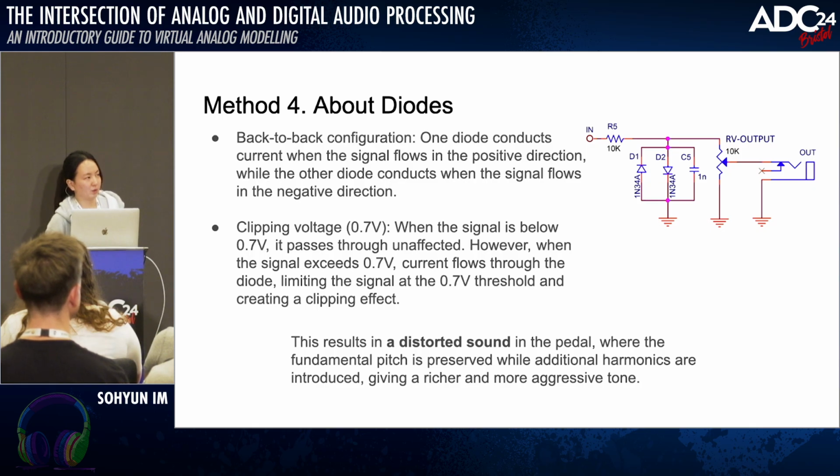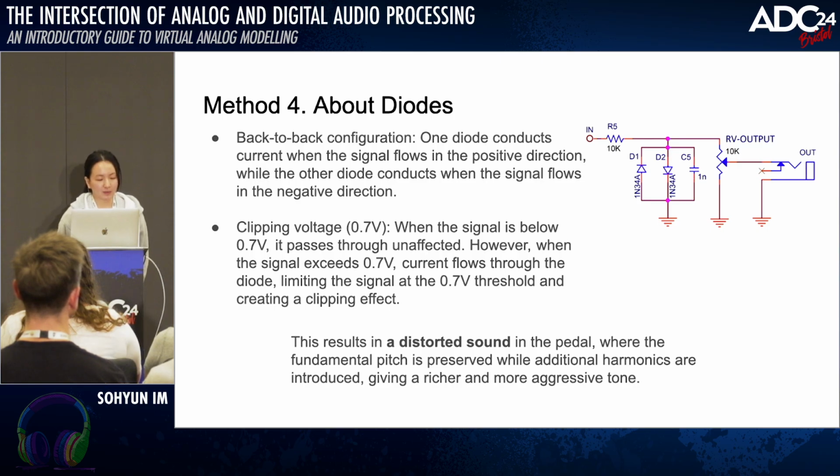One feature of a diode is a clipping voltage. It's usually 0.7 volts. When your input signal is below this clipping voltage, it passes through unaffected. So your signal is not affected by this diode; the diode is not activated.